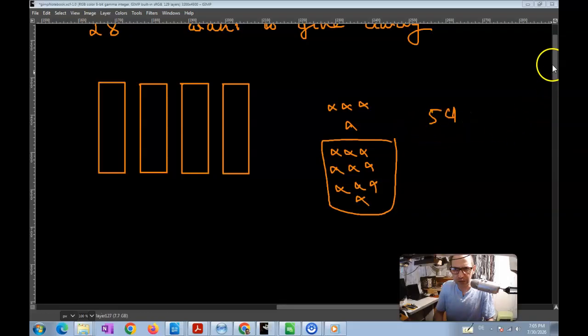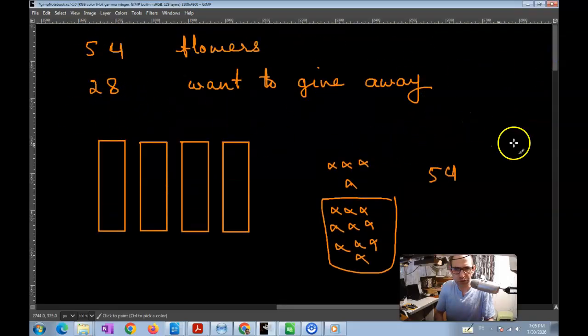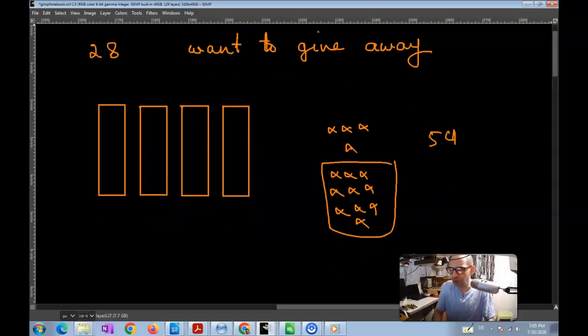Now, I want to take away basically 28. Now it's easy. So I take away essentially 8 from here. That's essentially 6 and 2 and 8. And I want to take away 28. So I will take away this one as well and this one as well. That's 10, 20, and 28.